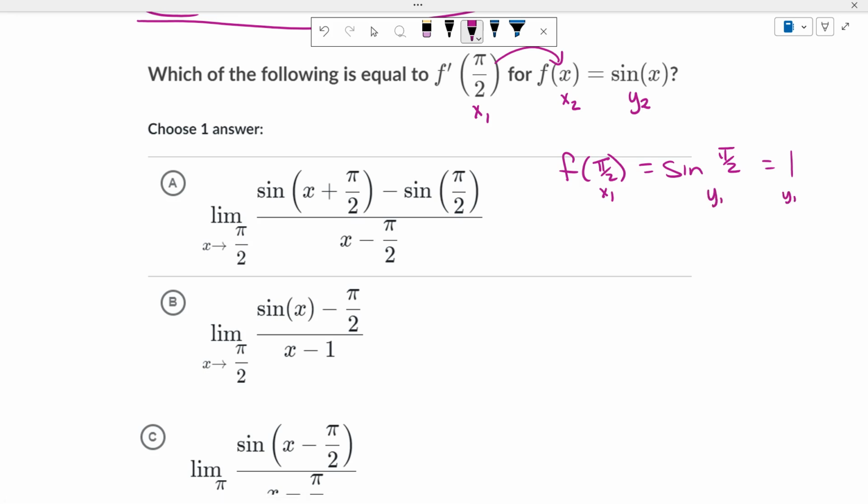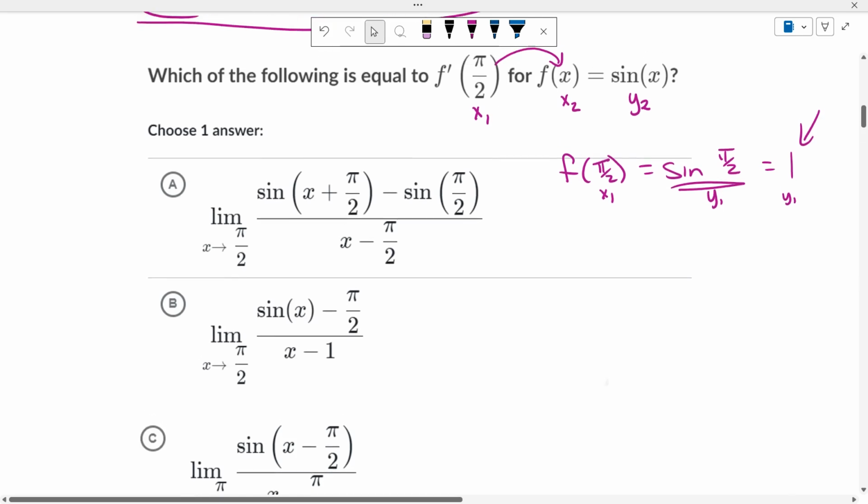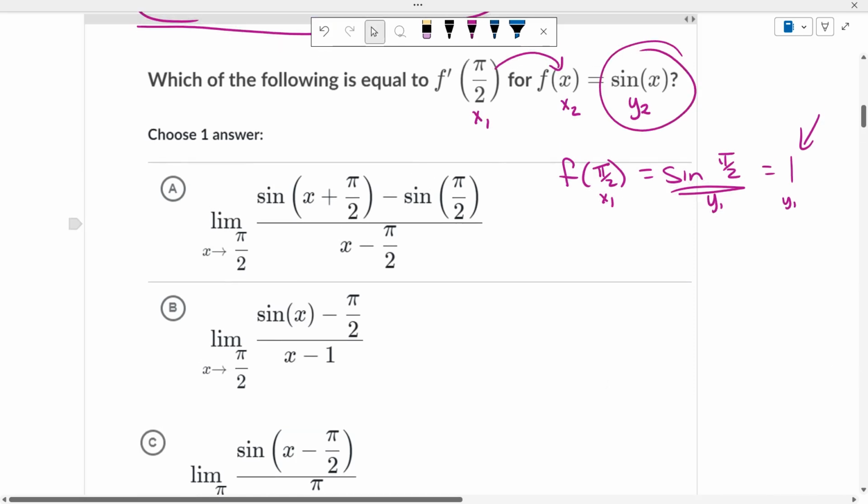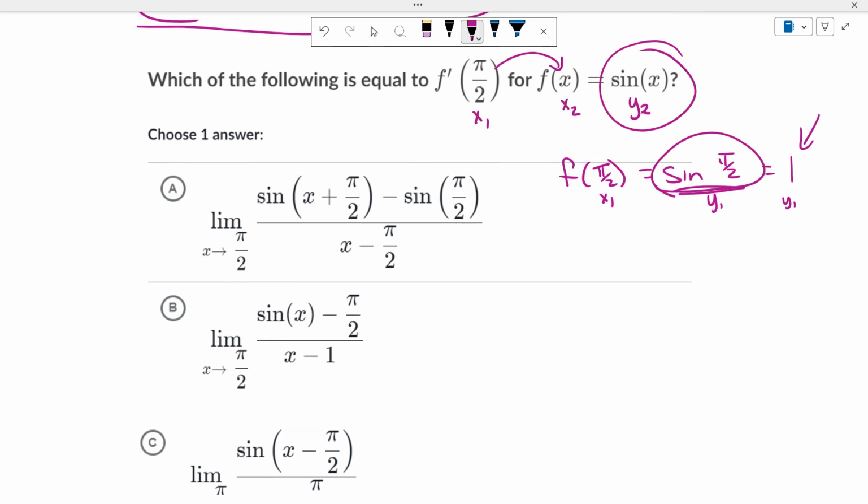And in this problem, I would rather have them write it y1 like this, but they actually wrote y1 like this. So, y2 minus y1 over x2 minus x1.